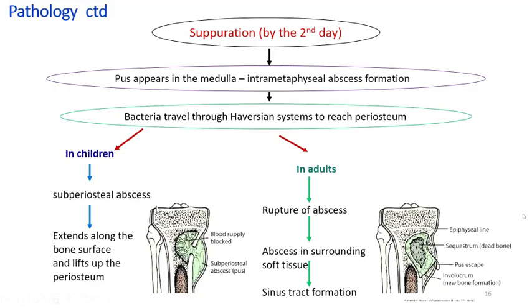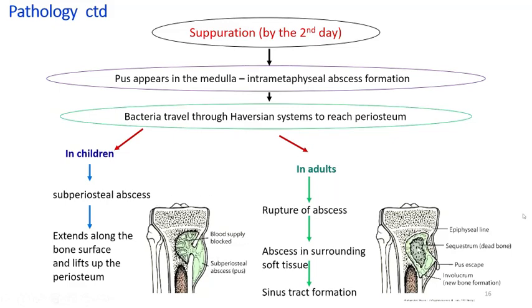Because the periosteum is loosely attached to the underlying bone in children, it can easily strip off. The pus will extend along the bone surface, lifting up the periosteum, forming a periosteal abscess. This will happen only in children.